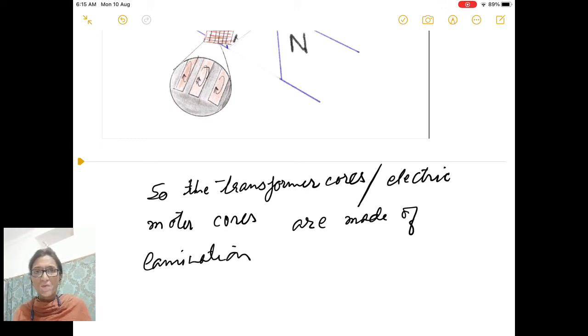Laminations means flat, fine, rectangular stripes.